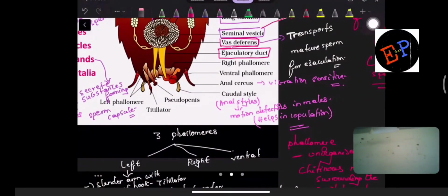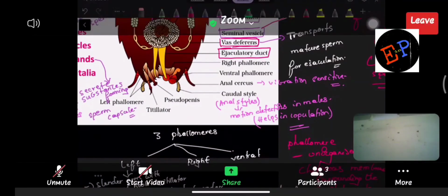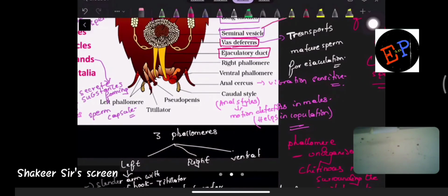That is called a phallomere. Are you able to understand? It is a chitinous membrane or a membrane made up of polysaccharides, which surrounds the genital parts. Cockroaches have genital parts, parts which are responsible for excretion, parts which are responsible for reproduction. All these parts are covered by a membrane which is called phallomere.